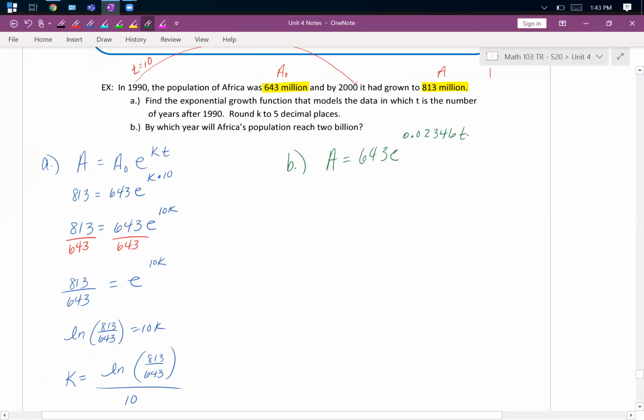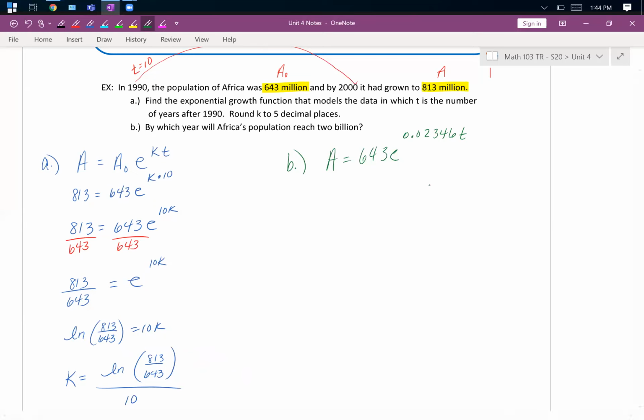So you'll notice that our A and A sub 0 were in terms of millions. I can't just substitute 2 in for A, because it would be billion on this side and million on that side. You always have to be in terms of the same number unit.